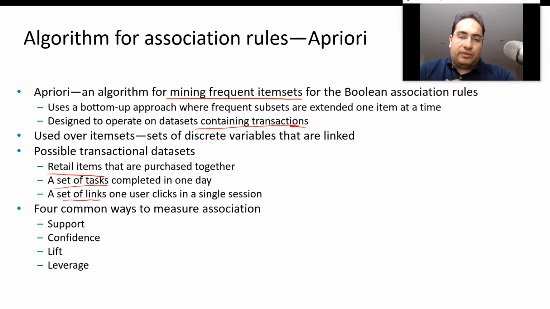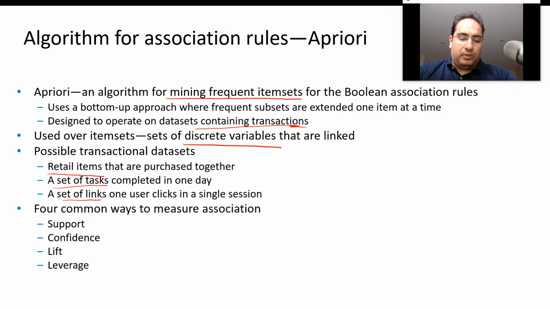And this is used over item sets. Item sets are a set of discrete variables. So they're not continuous. It's like this item, that item, this movie, that movie, this task, that task. It's not like a number or anything. We have the number of occurrences of those, but those items are just a part of a set.